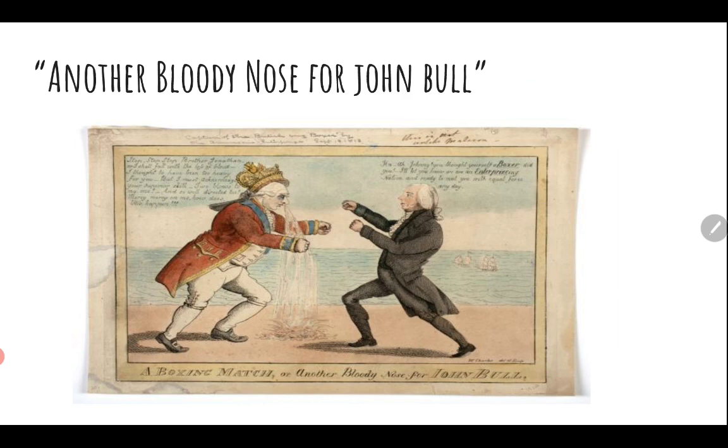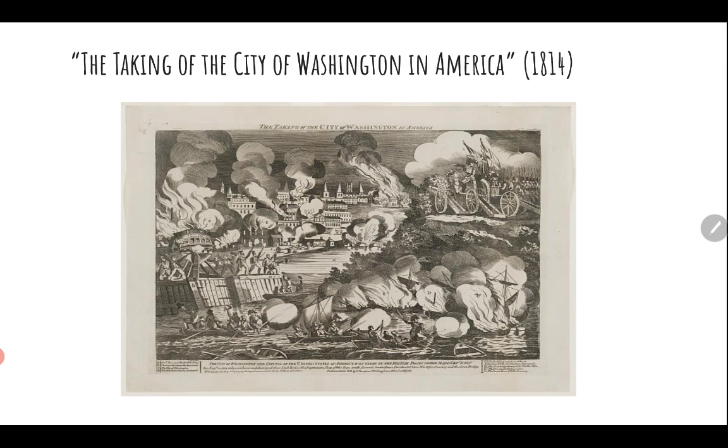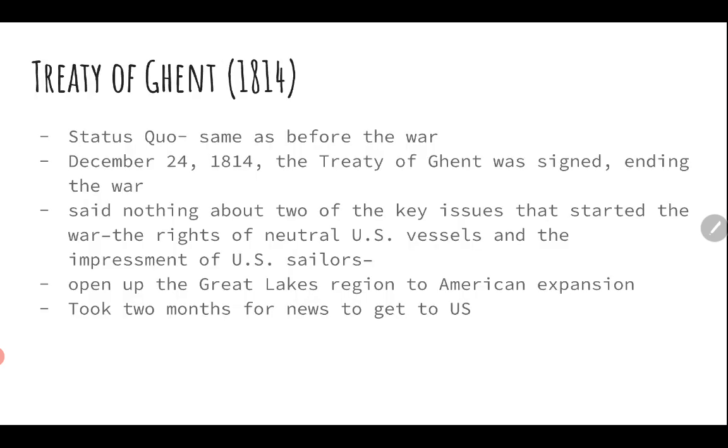We see ourselves as these scrappy little guys punching out the king, another bloody nose for John Bull. We are able to defend ourselves. We think that we're winning the war because we're fighting the British. But they do burn down Washington. But then after that, we stop them in Baltimore, which is where we get the Star-Spangled Banner.